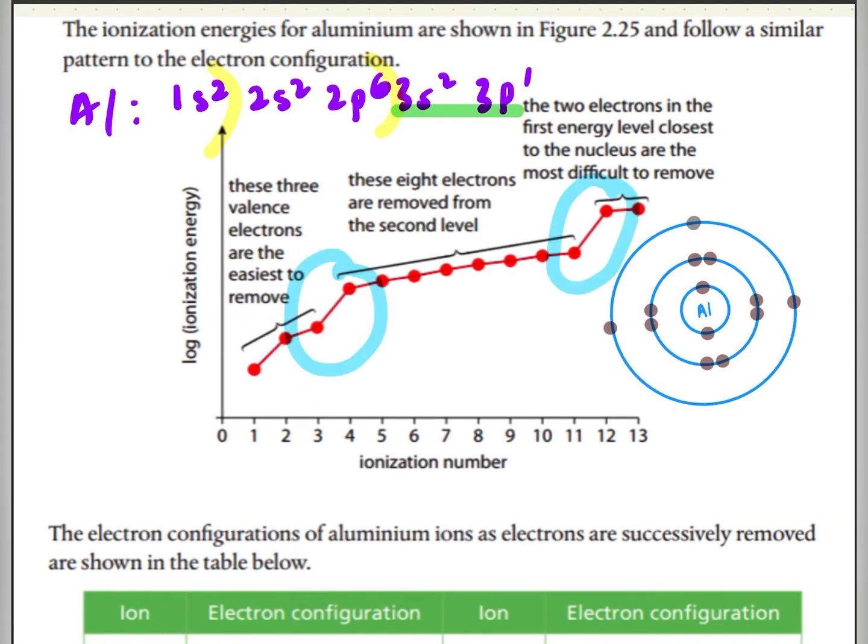Okay, so from this atomic structure, kita boleh nampak dengan jelas. Okay, bila kita remove the first electron, okay, so we need this much amount of energy. Okay, so bila kita remove the second electron, kita perlukan certain amount of energy higher. Okay, so bila kita remove the third electron, okay, ini adalah third electron tadi, masih lagi dekat n equals to 3.